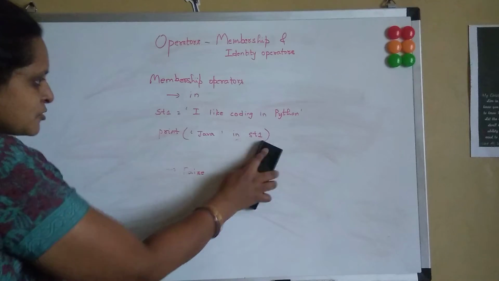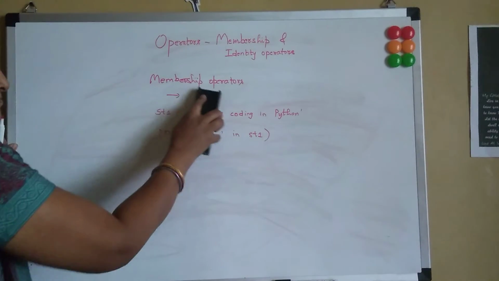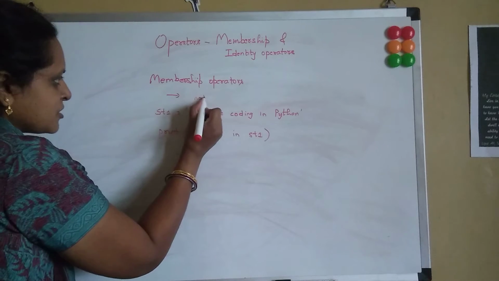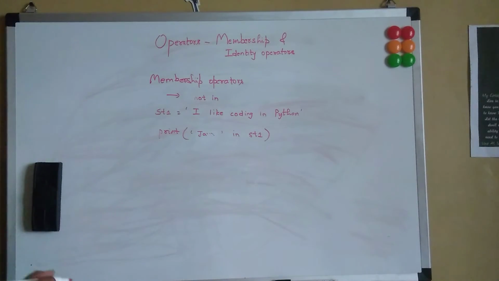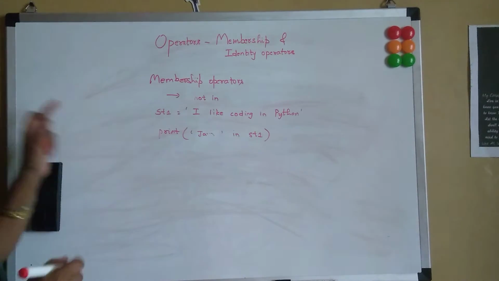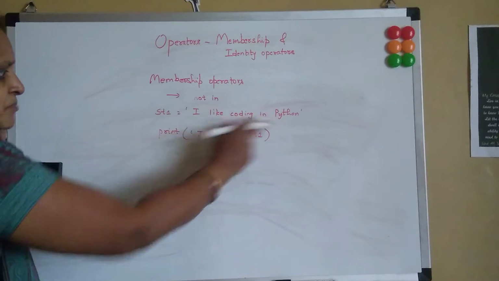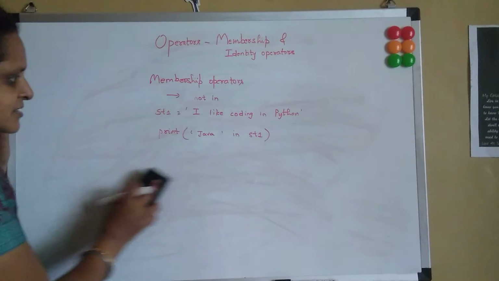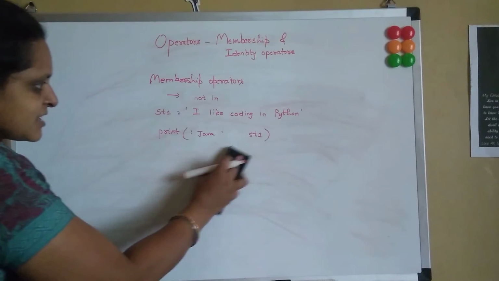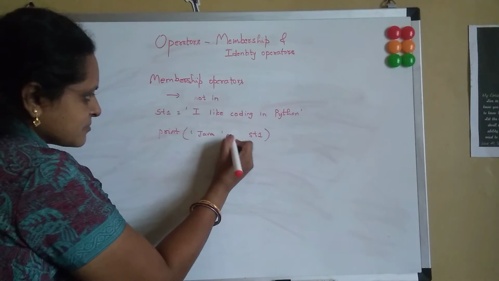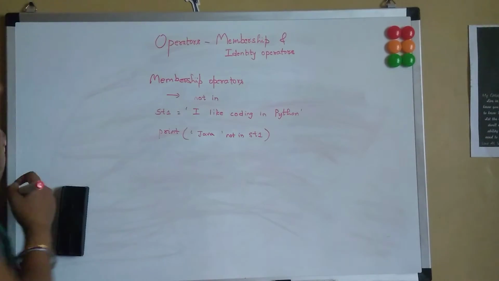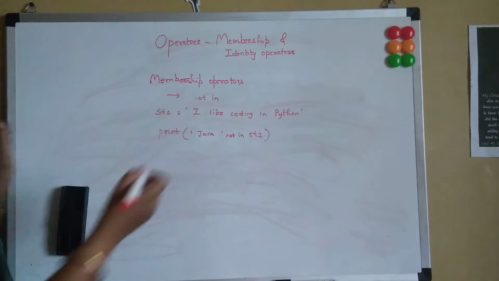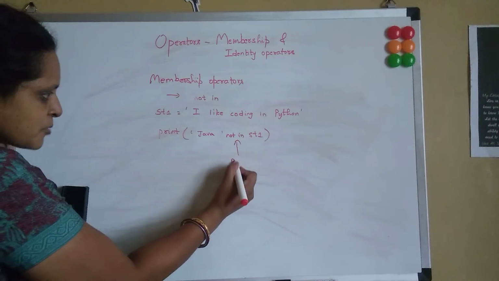Now let's look into the not in operation. I have the same string st1 equal to "I like coding in Python", and then I say print "Java" not in st1, using not in instead of in.